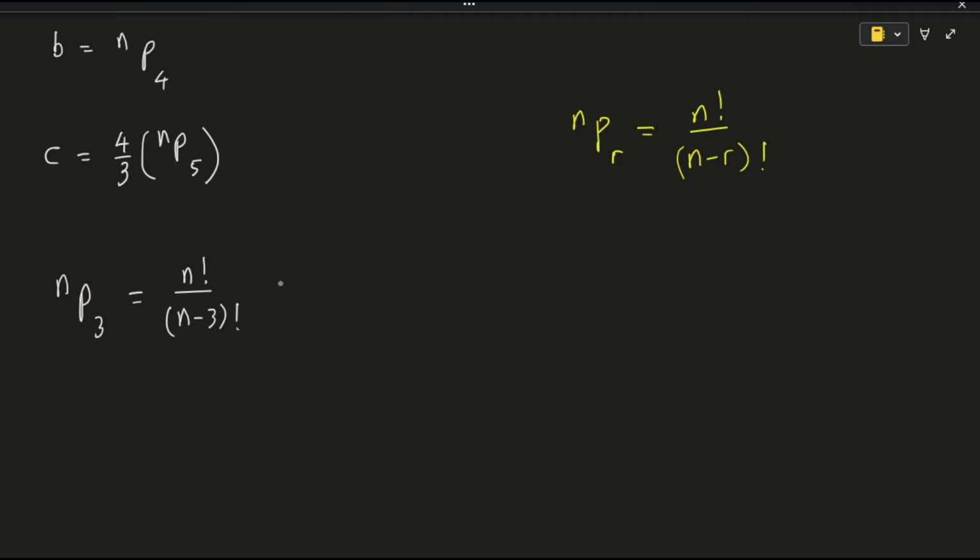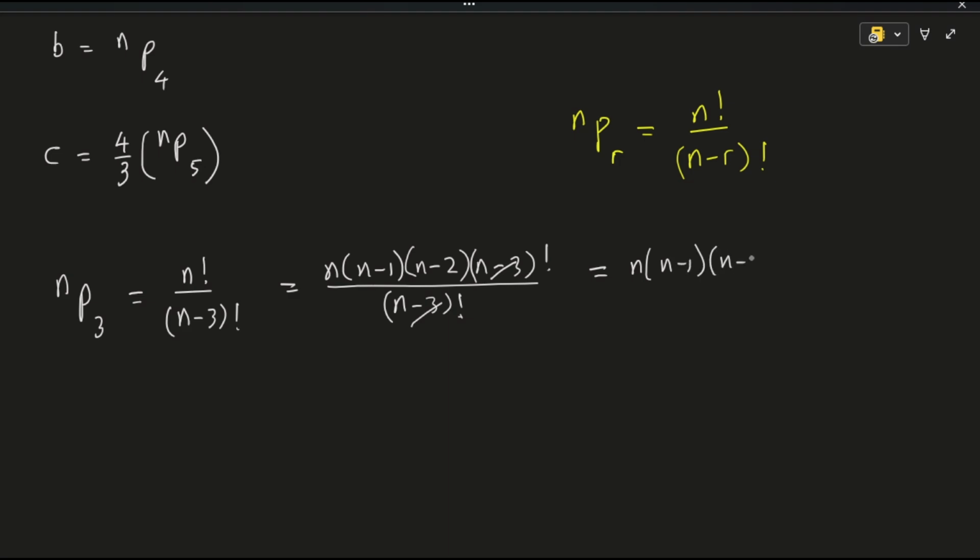And when we simplify, it's going to be n, n minus 1, n minus 2, n minus 3 factorial over n minus 3 factorial. And this will cancel this, and so we'll be left with n, n minus 1, n minus 2.